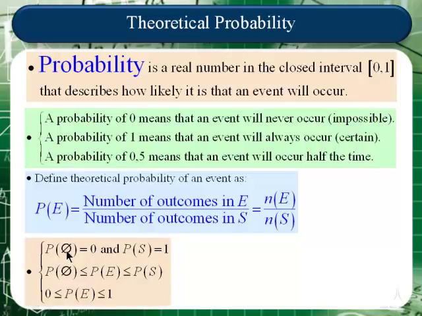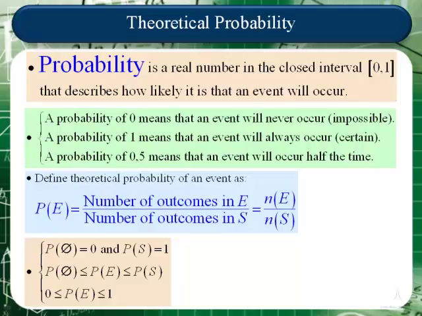Now the probability of the event which is the empty set is 0. Think in terms of our examples that we had. If you can give an example where the probability is 0, while the probability for the sample space is 1, and the probability of an event will be smaller or equal to the probability of the sample space, but greater or equal to the probability of the empty set event.